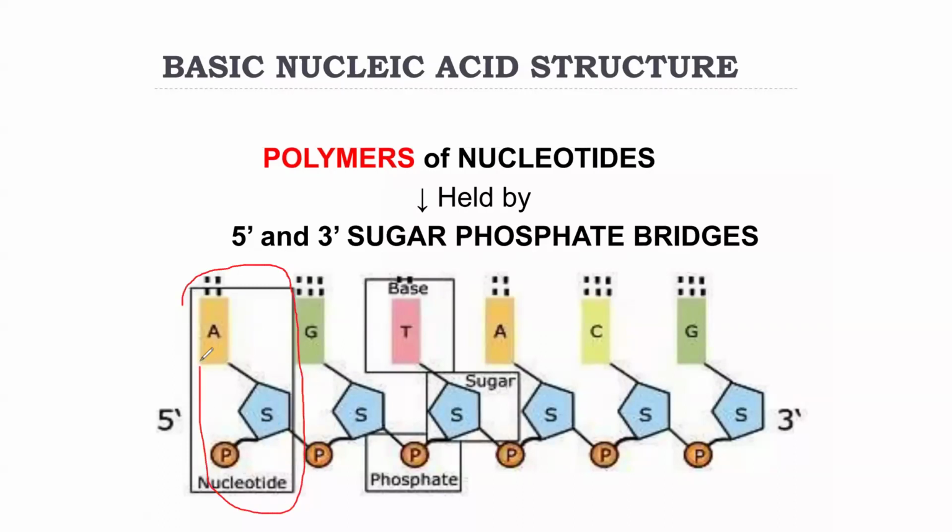This one is a nucleotide, and this one is also another nucleotide. This one is also another nucleotide. So that is how it moves. So these are the nucleotides. They are all linked by 5' and 3'. So this is how the nucleic acid structure looks. So one nucleotide joined with another nucleotide is like the previous explanation. Okay?